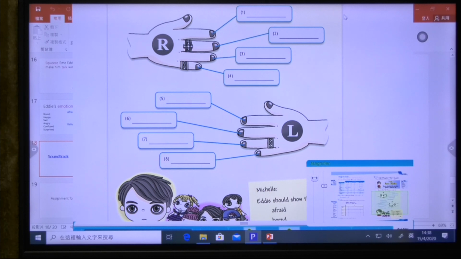This post-it note has the names of the emotions you'll need, but they're not in the right order. Oh, okay. Do the clips on the disc start from number 1, the same as on the artwork? Yes, they go from top to bottom. So the first one will be the index finger on his right hand. See? Okay, so Eddie's right index finger. How are you feeling today? Let's hear clip number 1.